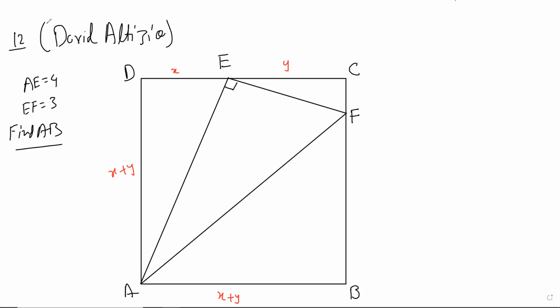Okay, let's think. It can be done, because if you put this to be Z, and then this becomes X plus Y minus Z, then you have three equations, three unknowns. But that would be very tedious.